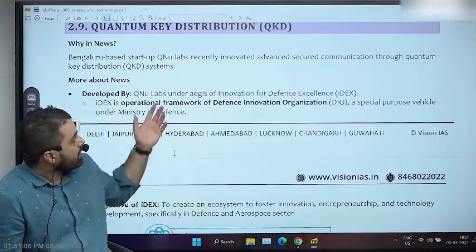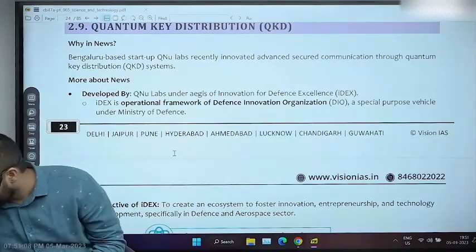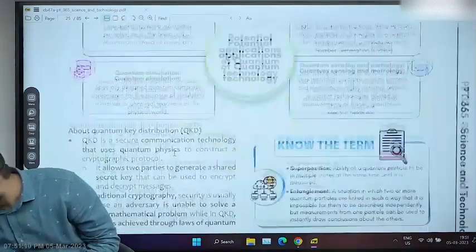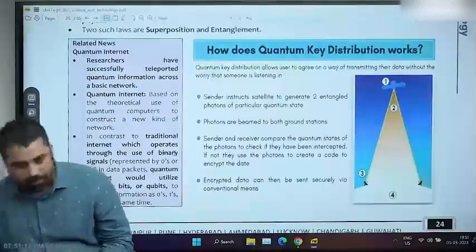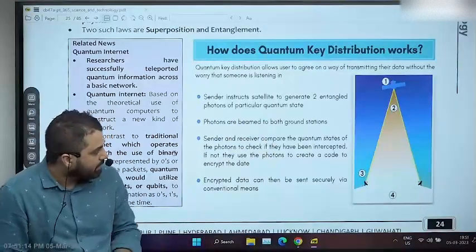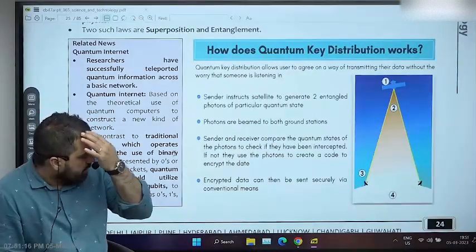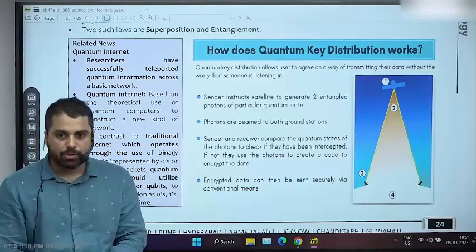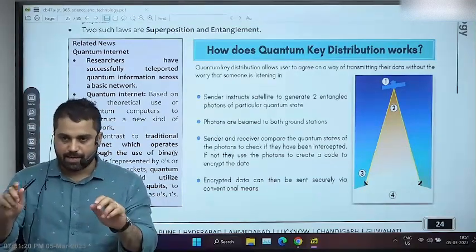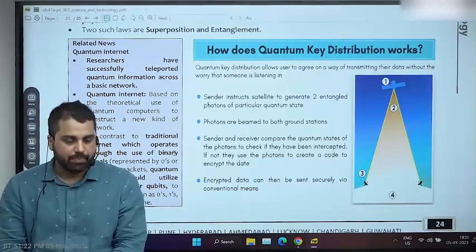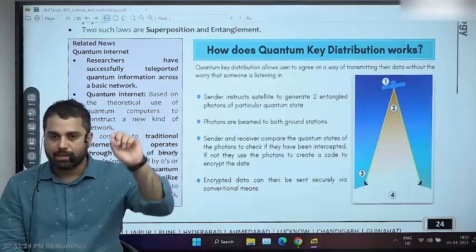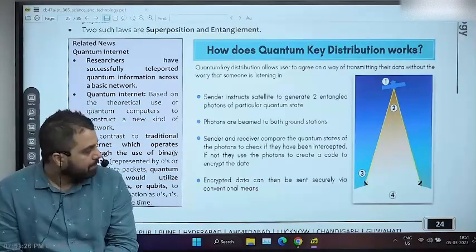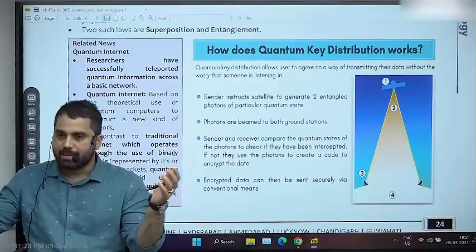So in quantum key distribution, for example, what we do is, it can occur in many ways, but ये जो picture दे रखा है, this picture can be used to explain it. In quantum key distribution, I am going to use a network. Maybe that network can be an optical fiber network, or maybe a satellite based network. There is a sender, there is a receiver.